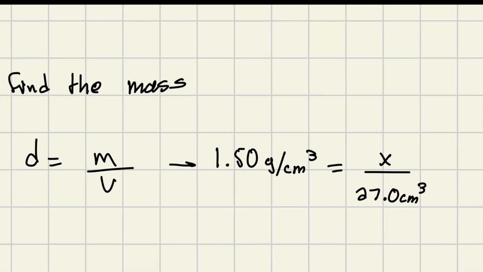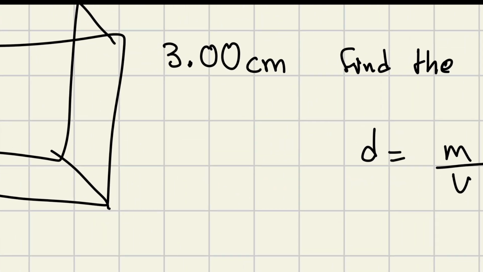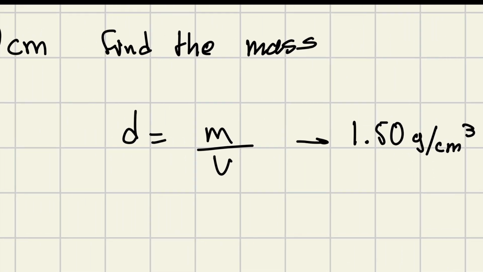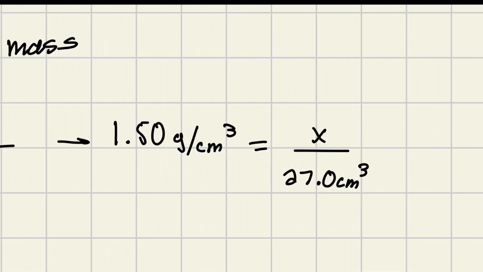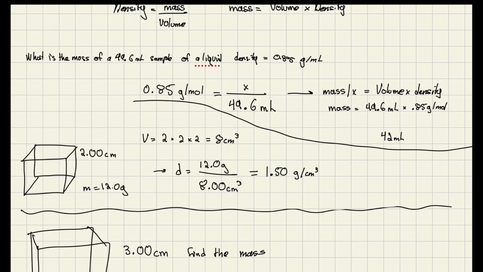I got this number here because 3 times 3, so if it's 3 times 3 times 3, we're going to get here 9, then we got to multiply another 3 here. Now we get 27. Wait, that worked, right? Yeah, they did. So it's the same scenario we had up here.